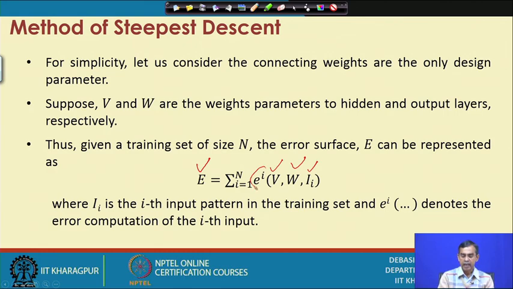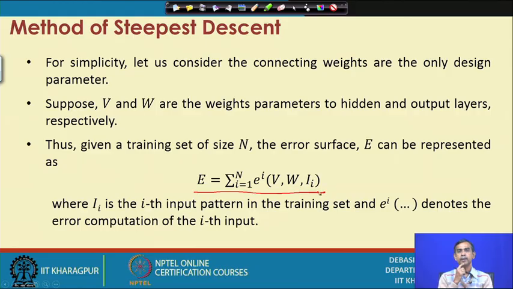If E_i denotes the error due to the ith input to the system, then the total error E can be expressed as the summation of all the errors due to all inputs. Here n is the size of the training data, so it is the summation over all the n inputs in the training set. This way the error function E can be described.